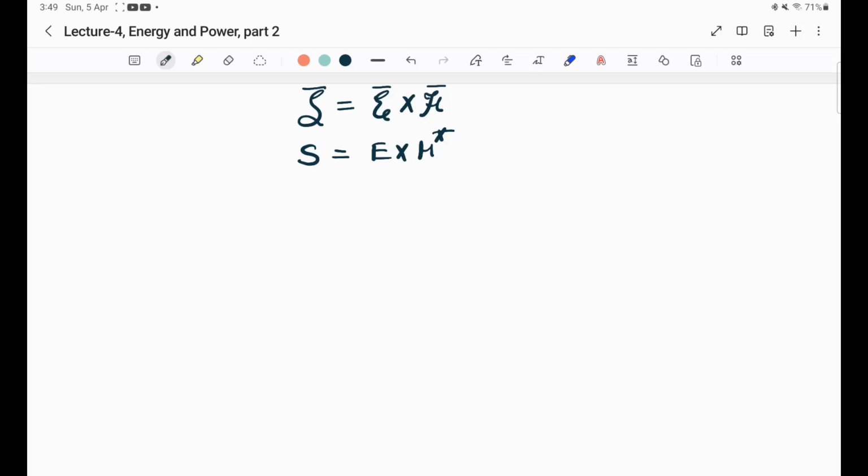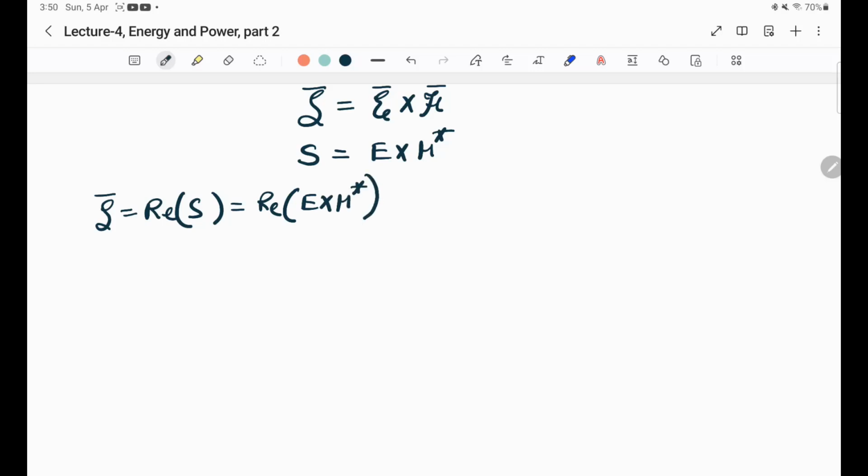So we can relate the instantaneous Poynting vector S bar with the complex Poynting vector S by the relation: real part of S, real part of E cross H conjugate.